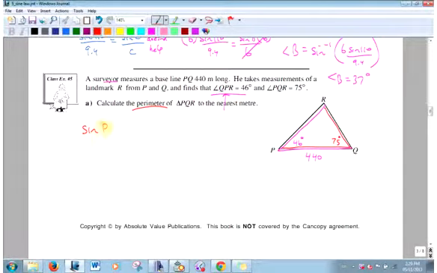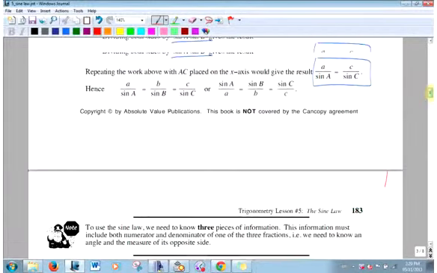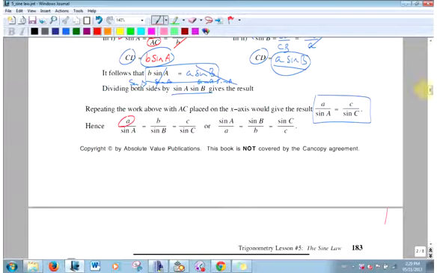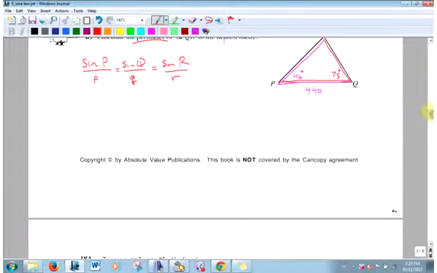The sine of P over little p is the sine of Q over little q is the sine of R over little r. But remember, I want the side here, not the angles. So maybe you want your formulas the other way. Okay, maybe you want your sides on the top. Doesn't matter, but sometimes it's a little easier. Okay, it's just one less step when you're doing your algebra.